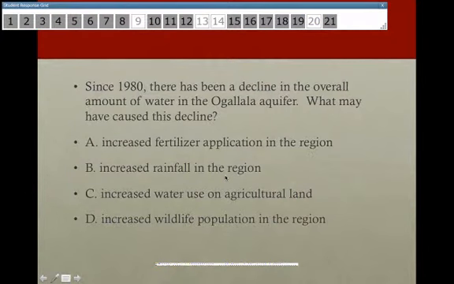Okay, since 1980, there has been a decline in the overall amount of water in the Ogallala Aquifer. What may have caused this decline?